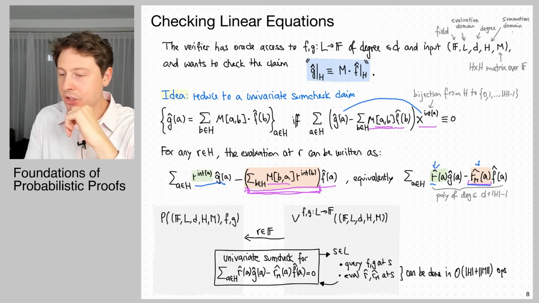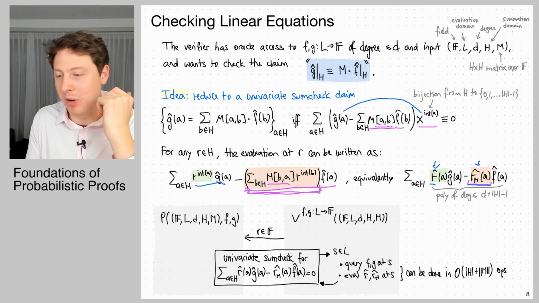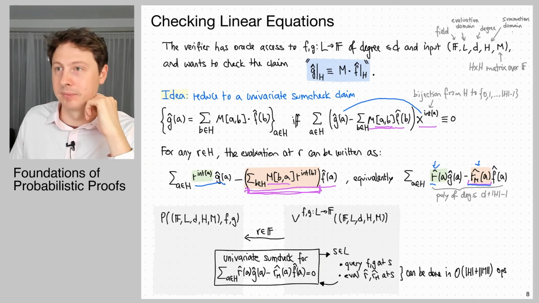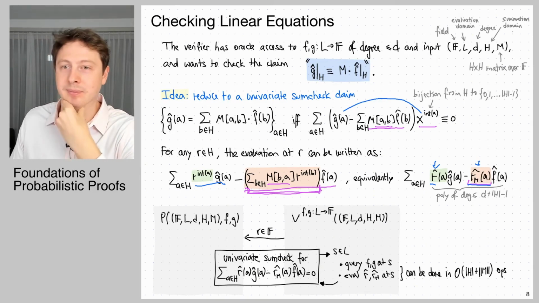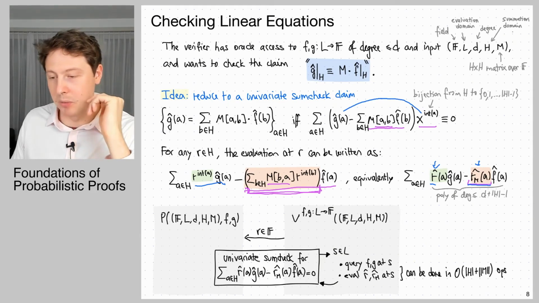So it should probably be related to the degree of this polynomial, right? What is the largest degree of this polynomial here? Size of h minus 1. Right, h minus 1.